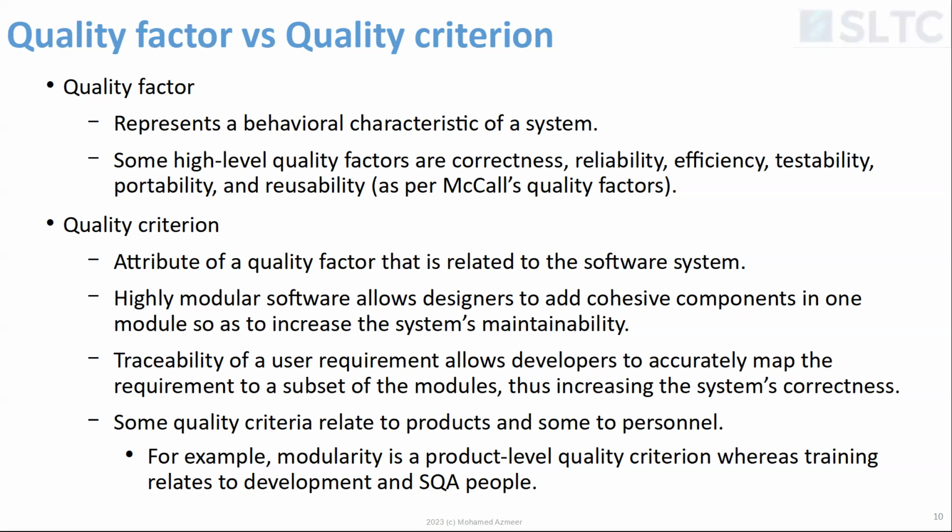Whereas quality criterion is like, how do you define these things? The criteria of definition. Because now when it comes to software building, we use a modular architecture. We don't build the whole thing as a monolith. We break it down into modules so that we can have better maintainability and higher quality as well. And also traceability.